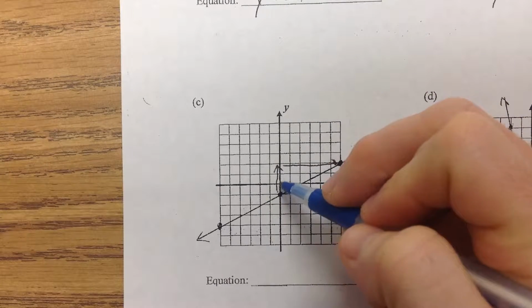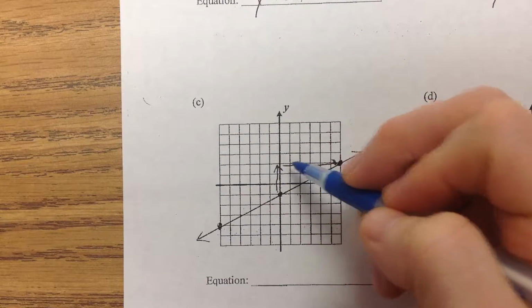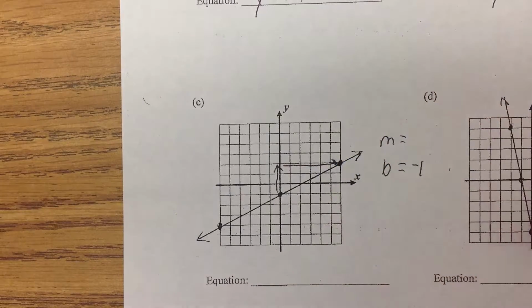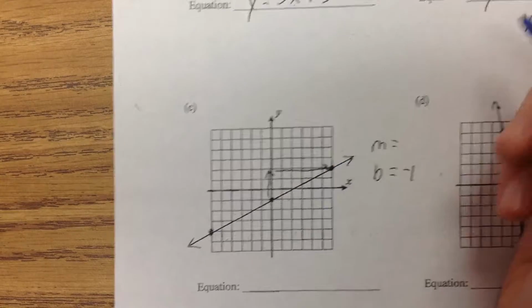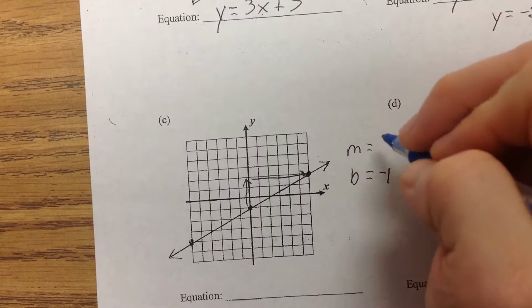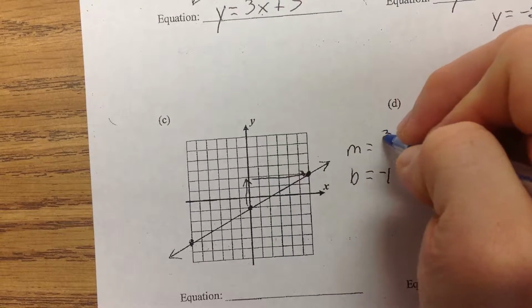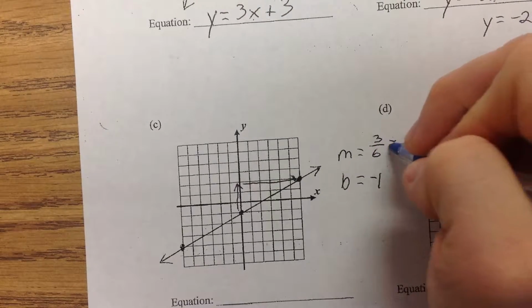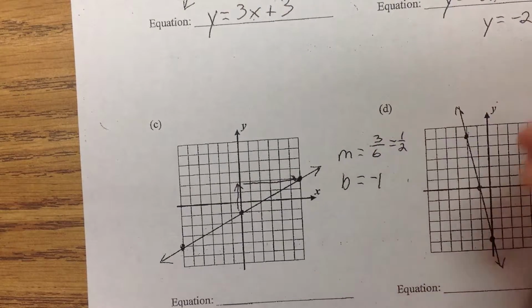So that would be a 3 over 6, which also reduces down to 1/2.